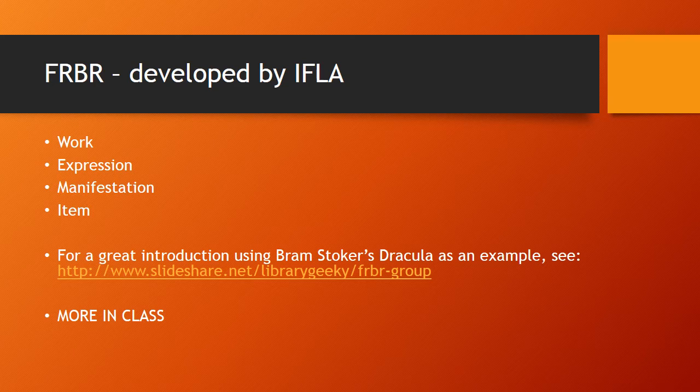Take a look at this great example of what FRBR is about, using Dracula as an example. I think it's one of the best I've ever seen, and I think it will really help you understand FRBR and the reading from Taylor and Joudrey, chapter 8.